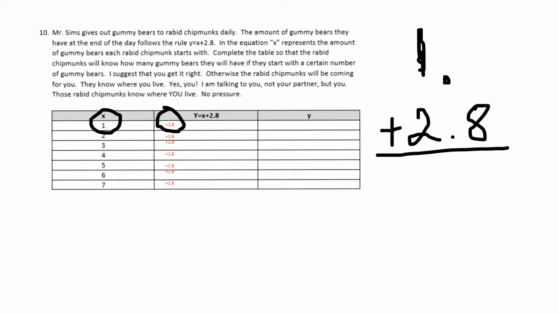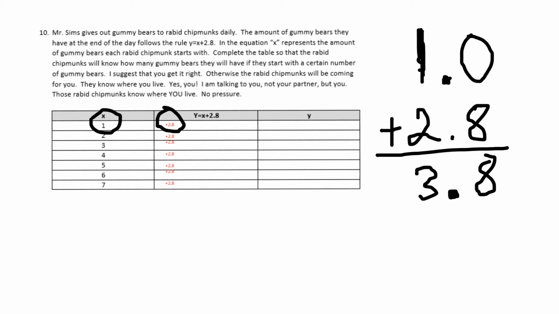Don't forget you have to line up the decimal points. If you have the number 1, the decimal point is right after that number. So 1 plus 2.8: 8 plus 0 is 8, 1 plus 2 is 3. So my answer is 3.8. When x is equal to 1, my y value is 3.8.